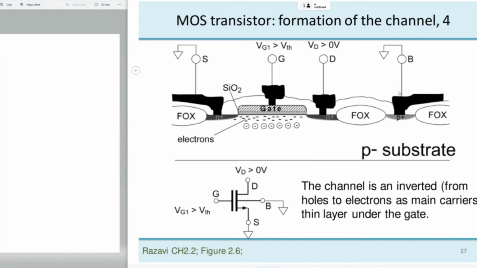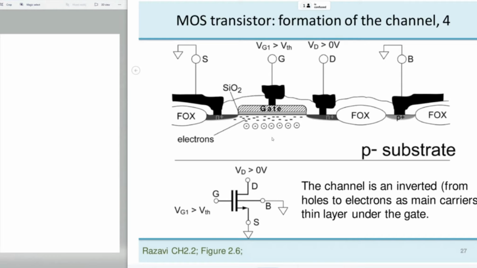Through this channel, which behaves like an N-type semiconductor, provided that we apply some drain voltage, there will be a horizontal electric field which will exert drift force on the carriers, electrons in this case, and then electrons from the source can propagate to the drain. Equivalently said, there will be current flowing from the drain to the source. The channel is inverted from holes to electrons as main carriers in a thin layer under the gate.